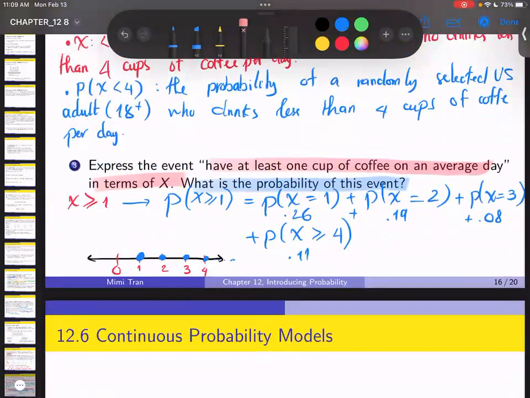Maybe I should do it in red. If you add all that up, it's going to be equal to what?